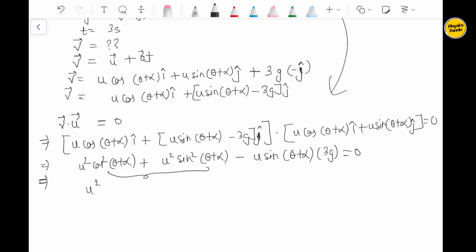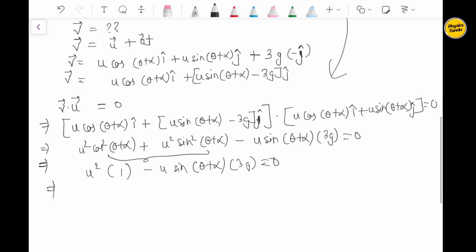Because cos squared(theta plus alpha) plus sin squared(theta plus alpha) is equal to 1. So it's u squared minus u sin(theta plus alpha) times 3g equals 0. From this, I can get the value of u is equal to 0, and u is equal to sin(theta plus alpha) times 3g, right?